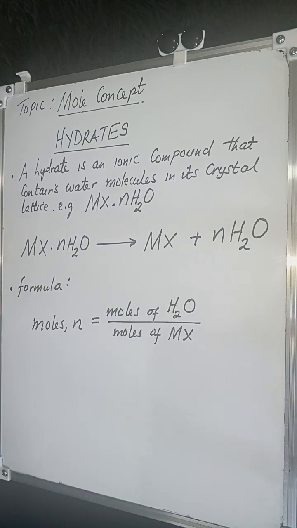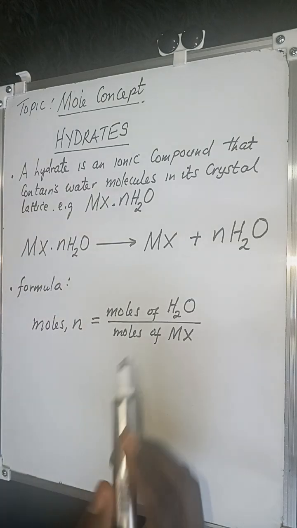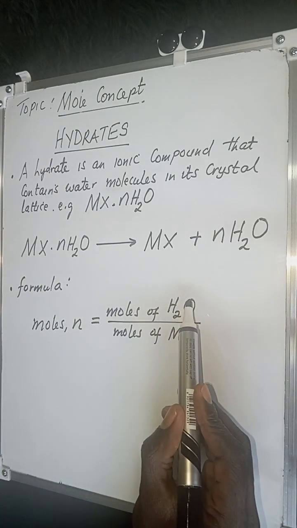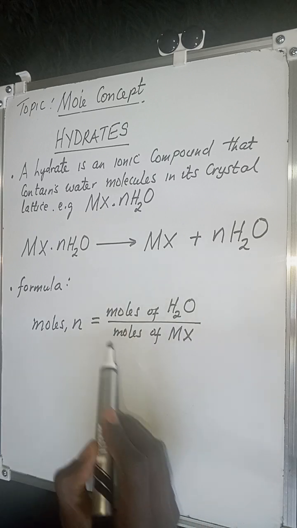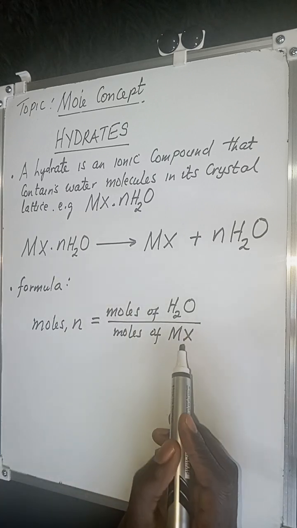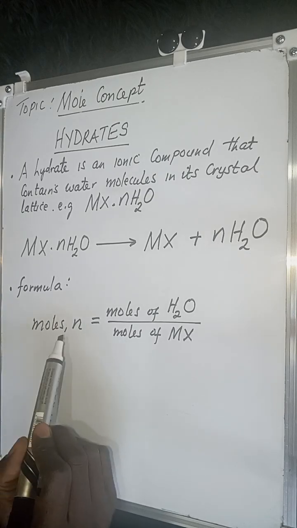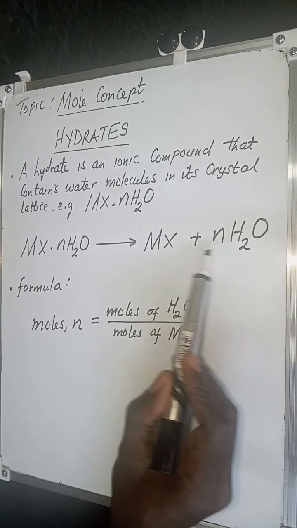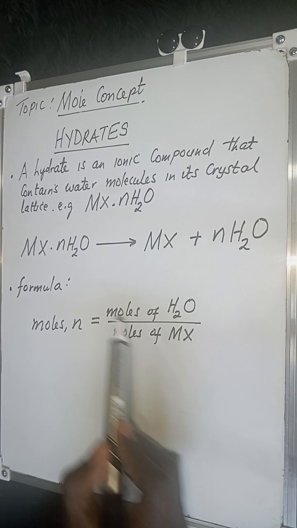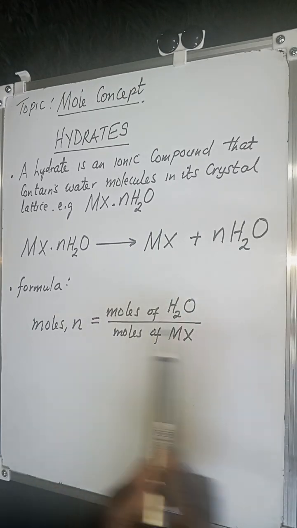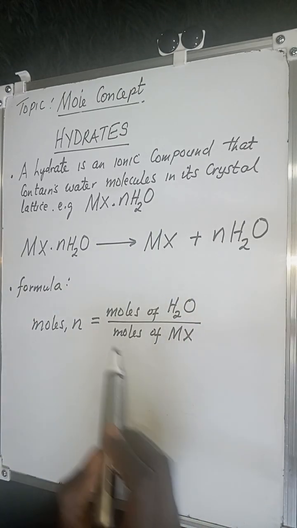That can help you to find n. So we first of all determine the number of moles of water and also the number of moles of the anhydrous compound. Then we find n by dividing the number of moles of water by the number of moles of the anhydrous salt.